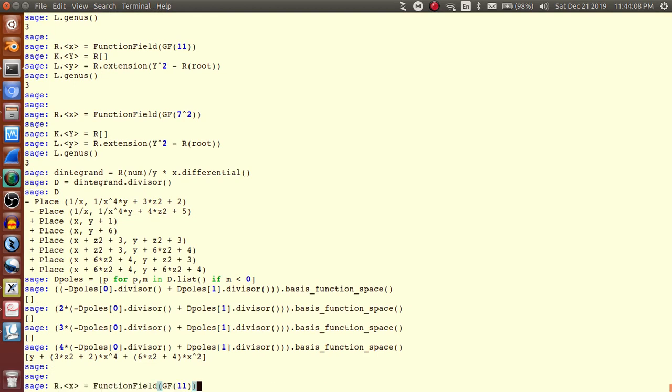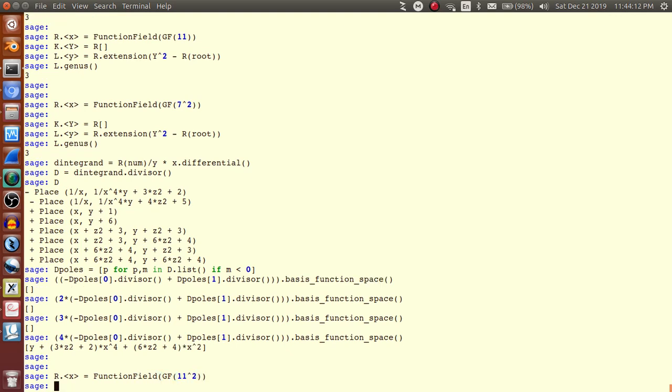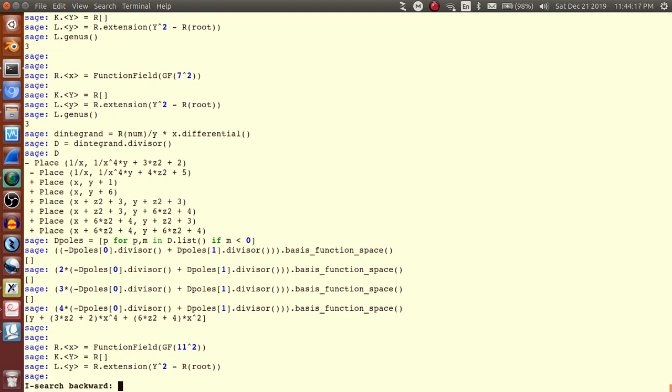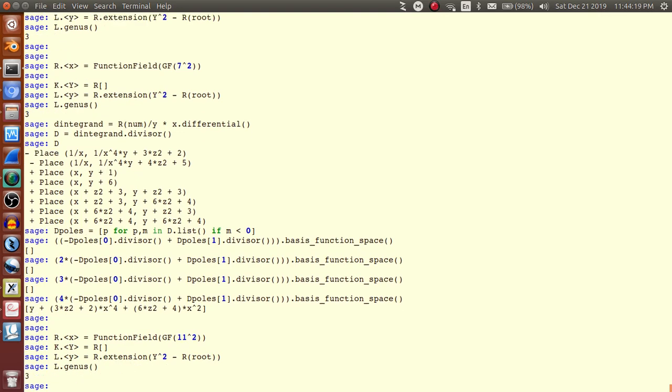Okay, and now I'm going to do the same thing again. I'm going to run this calculation with 121. The genus doesn't change.